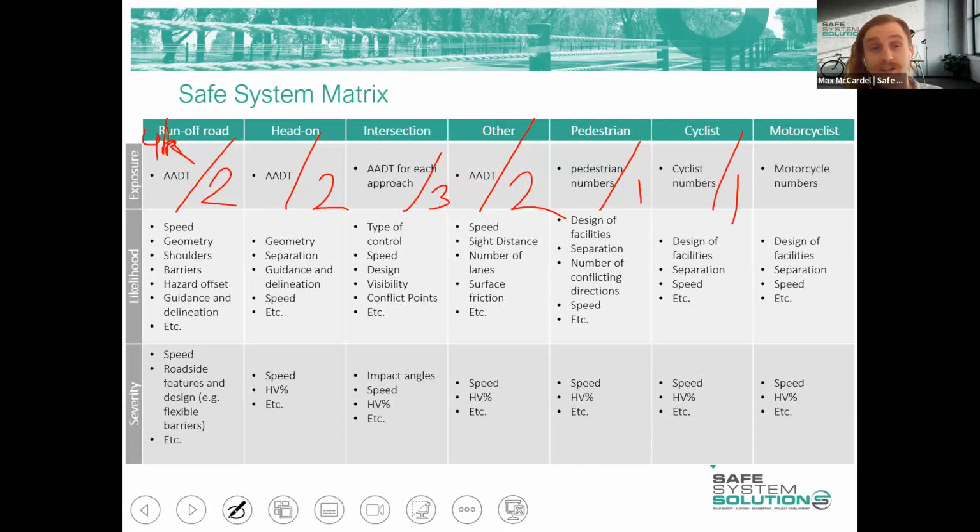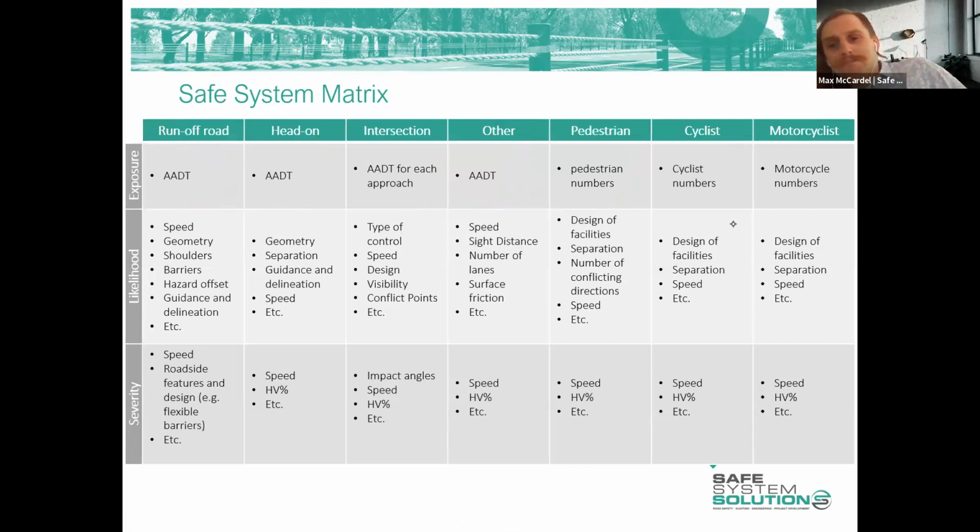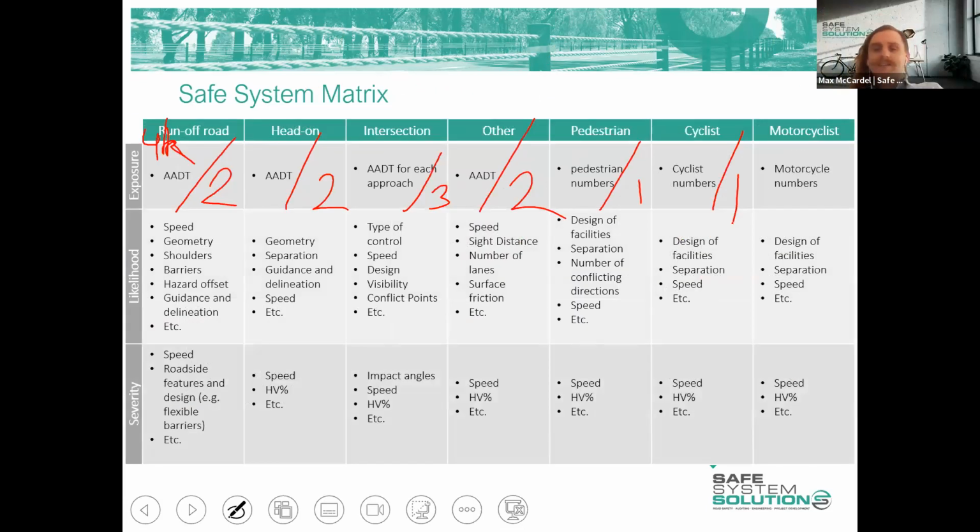Let me double check I got that correct, actually. Yeah, less than 10 is a score of 1. Motorcyclist numbers, once again, we don't always have this data either. And the assumption that we tend to use is 1% of the AADT. So you do generally have your AADT numbers. So you take 1%.